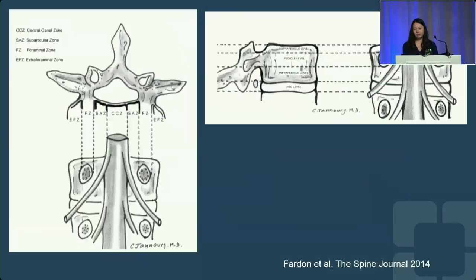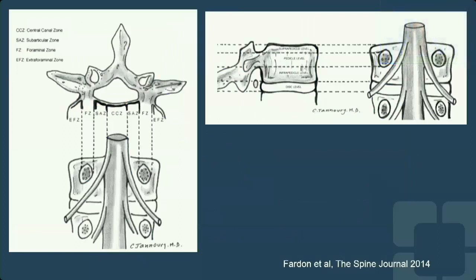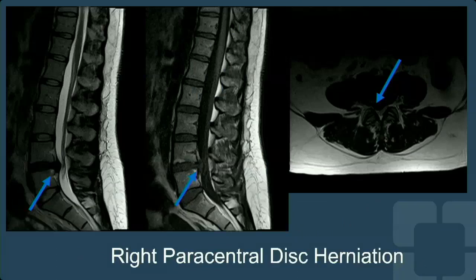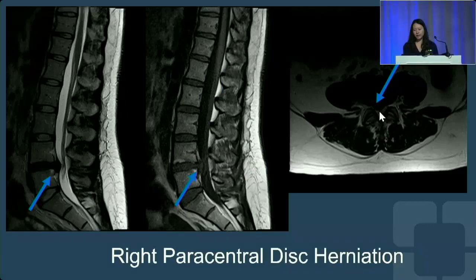And we try to categorize them by where they are. One of the reasons is because we can tell which nerve root it's impinging on based on the location of the disc herniation. So here's an example. This is a right paracentral disc herniation. On the axial, you can see it's effacing the thecal sac, but it's also really narrowing the right subarticular zone.